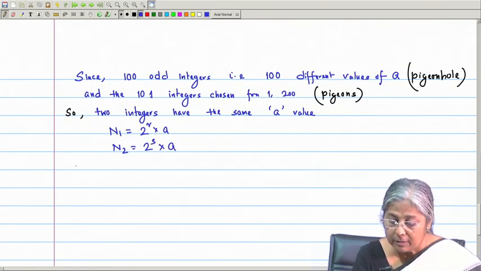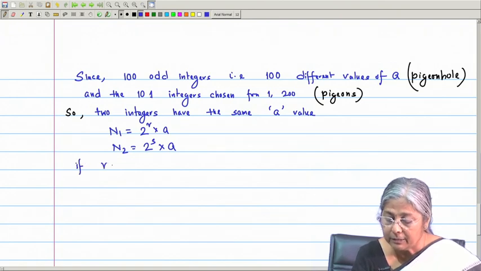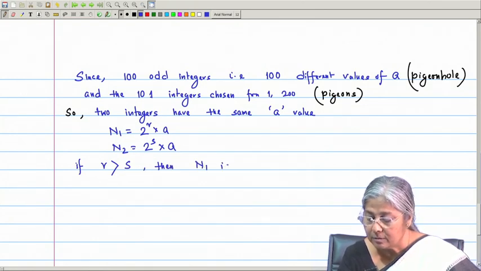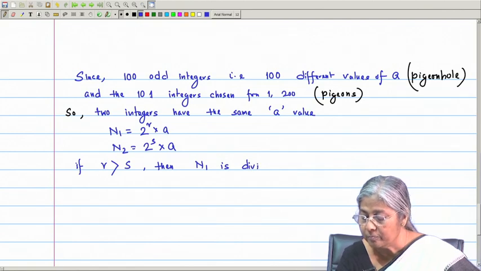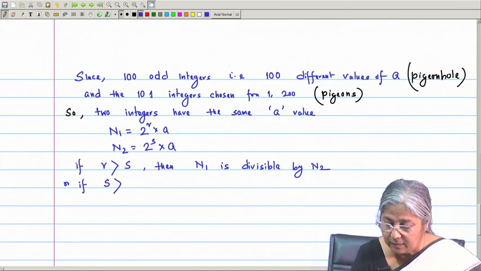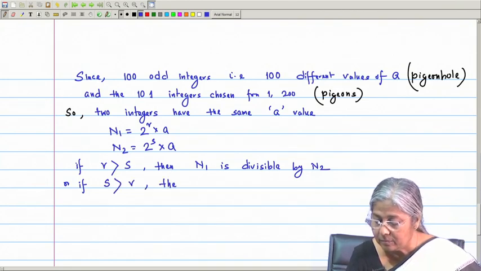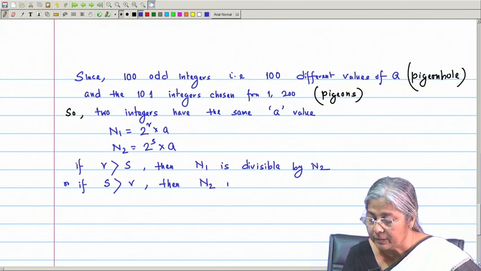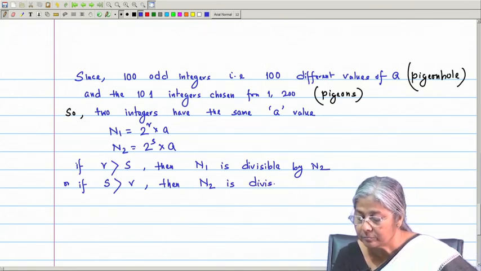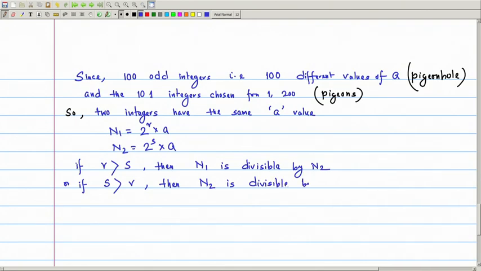So, if r is greater than s, then n2 divides n1, and if s is greater than r, then n1 divides n2.